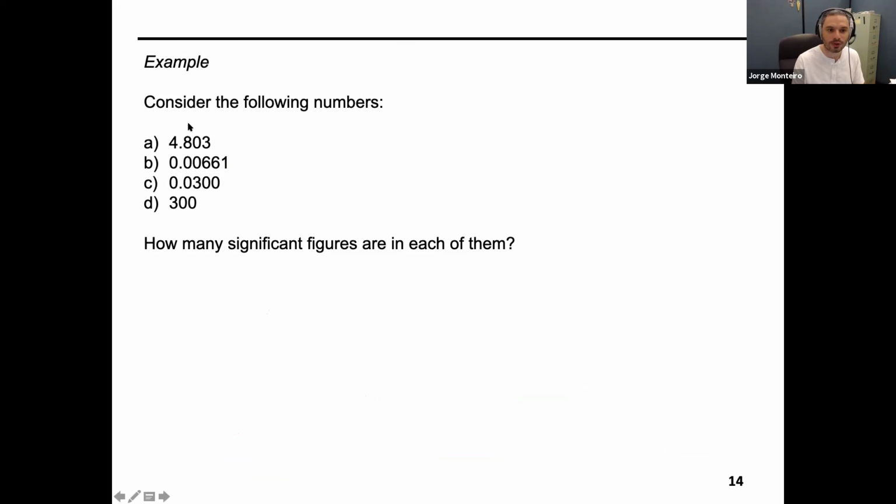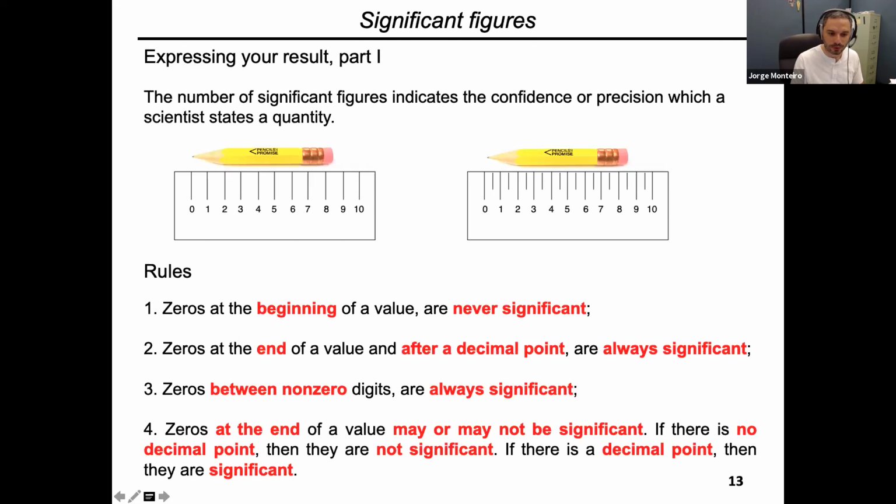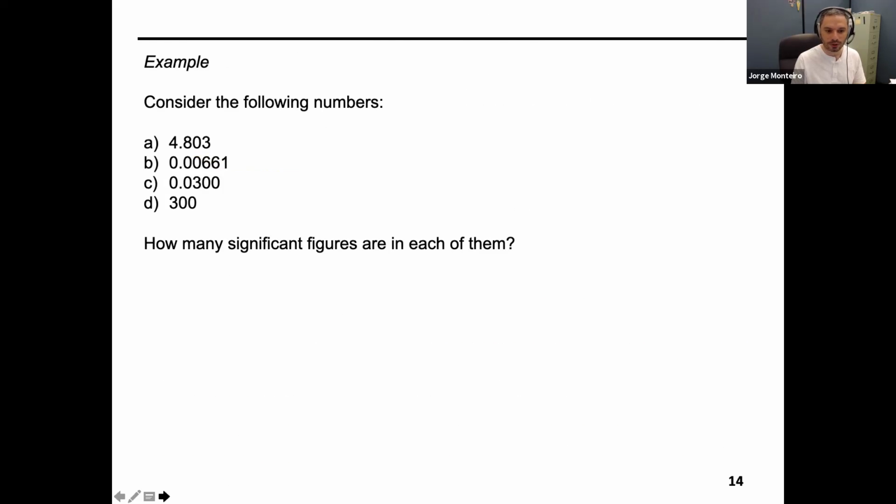I want you to count the number of significant figures for each number, and then I will do it with you. Just follow the rules, pay attention, be careful with the zeros and where they are at, and then we will go from there.